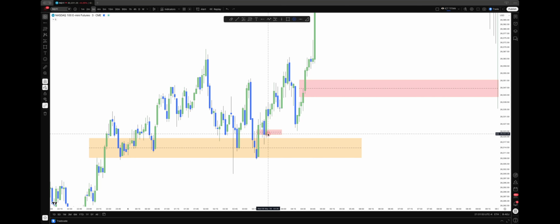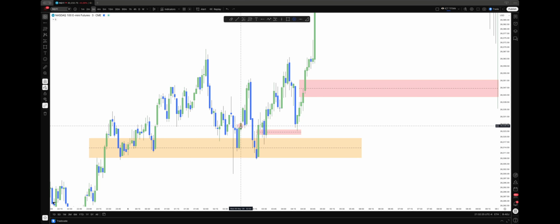Okay, and then what do you have? Price been re-tapping to the same displacement fair value gap. Okay, so what it is doing, you see, price came down, repriced this, went above this fair value gap, this fair value gap.